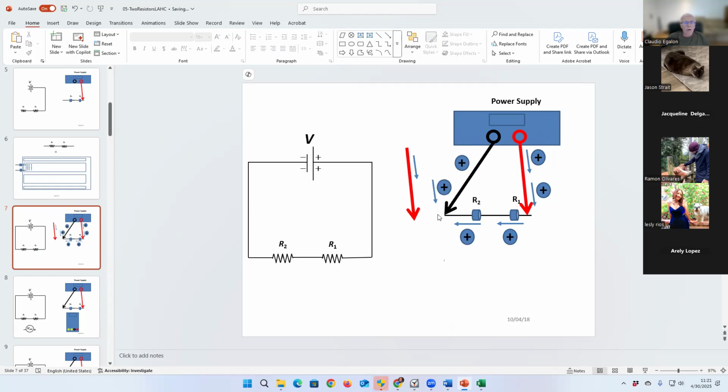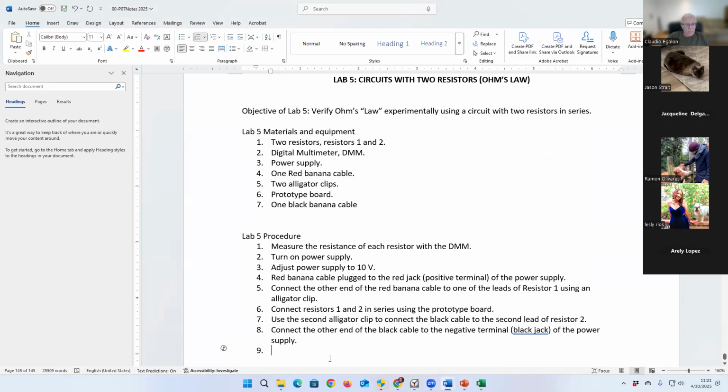We are going to change the direction of this current, of this arrow, and here too, in this diagram as well. The circuit is closed and current is now flowing through it.